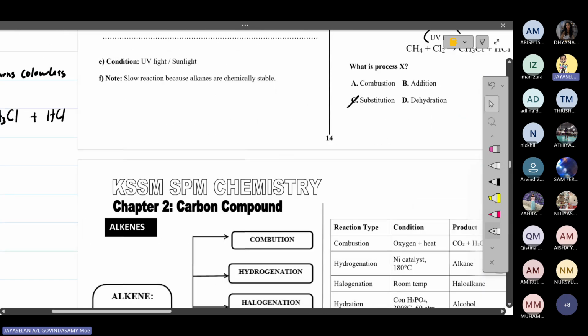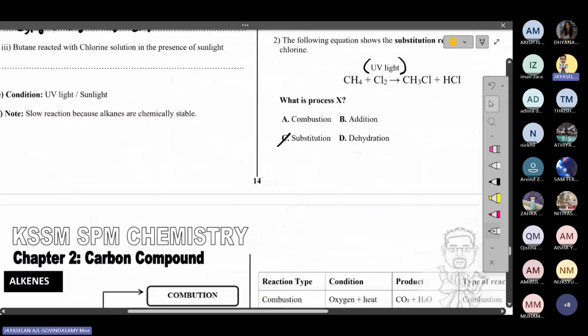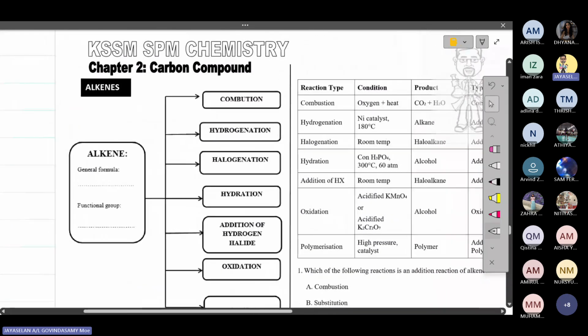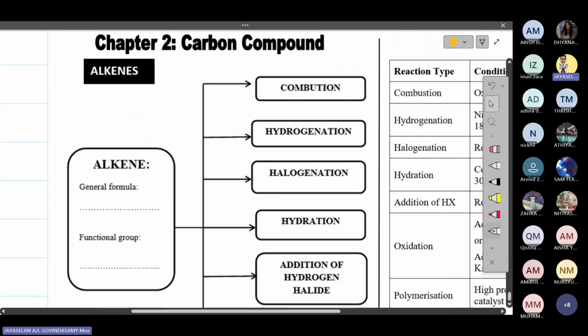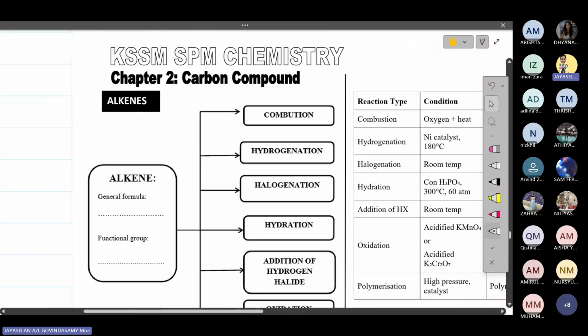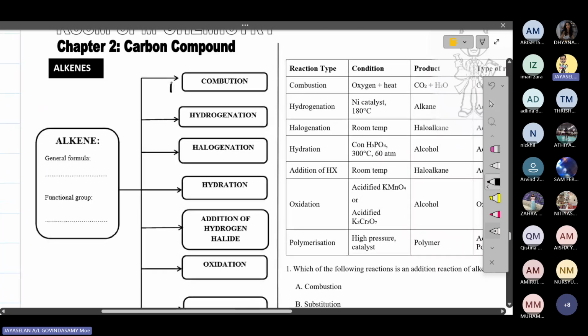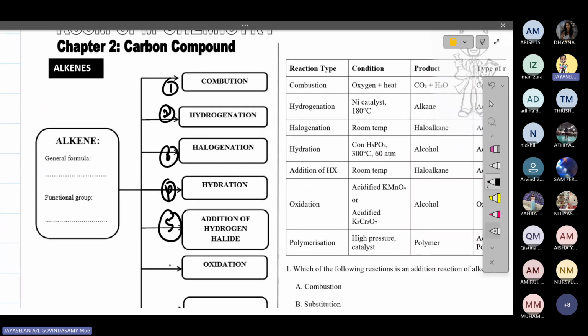Okay. So alkane finish. Okay, now we go for alkene. Ini di sinilah ramai akan koyak. Alkene is known as unsaturated hydrocarbon, most reactive carbon compound, and it has how many reactions you must memorize? 1, 2, 3, 4, 5, 6, 7.